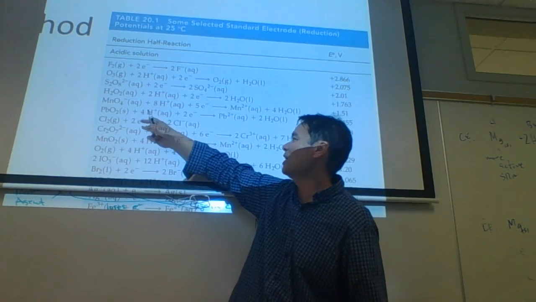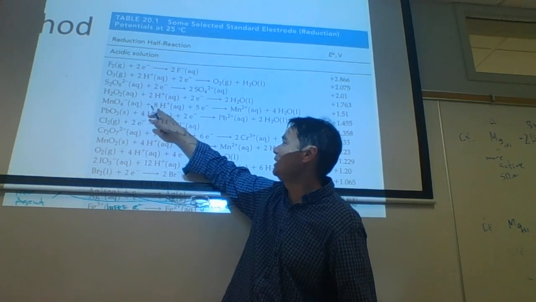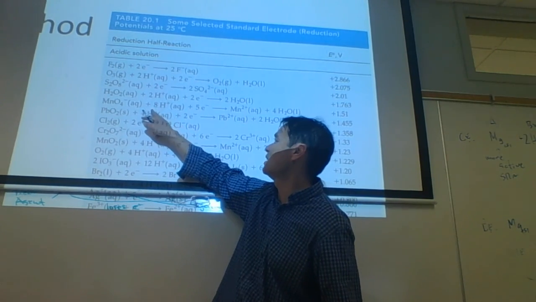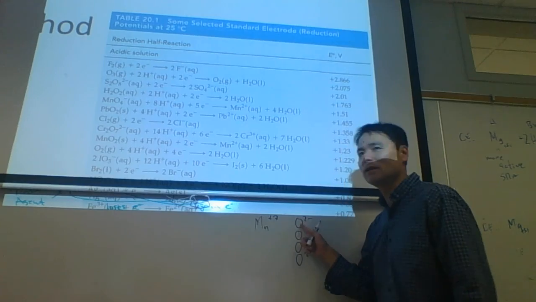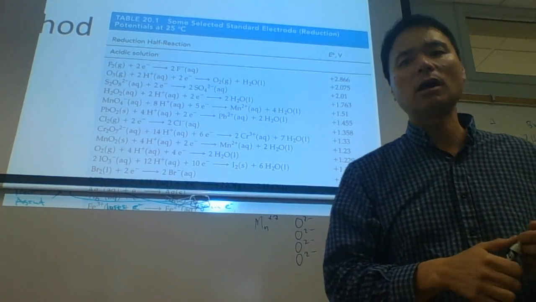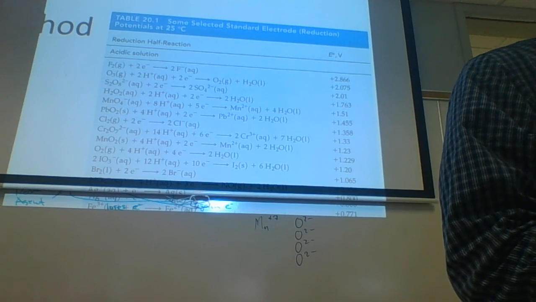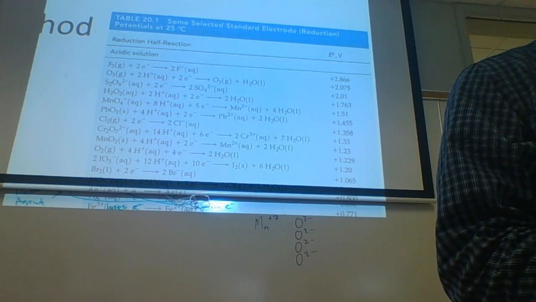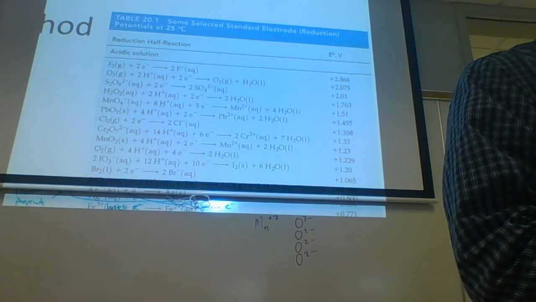Why do we need the H+? Can you tell me why we need the H+ there? We need the H+ because of the oxides. Are oxides happy alone? No. One thing you should know about oxides is oxides are extremely powerful. I didn't make you memorize the powerful bases.